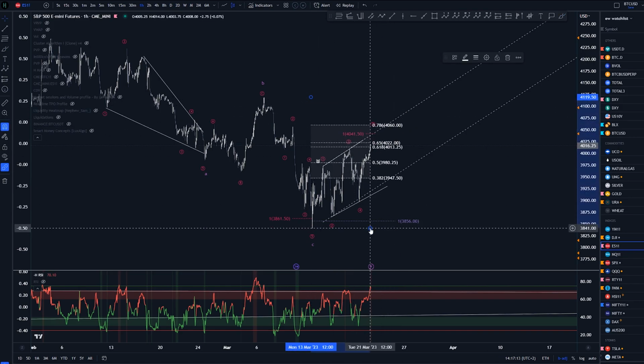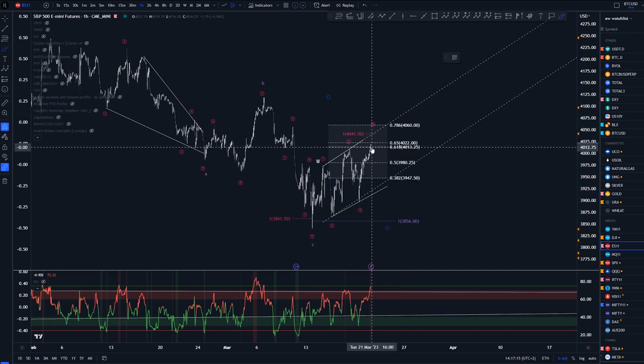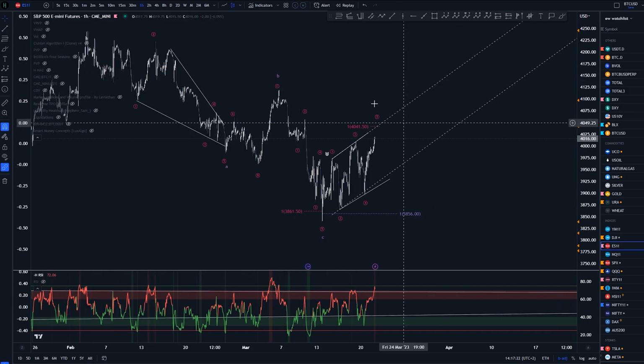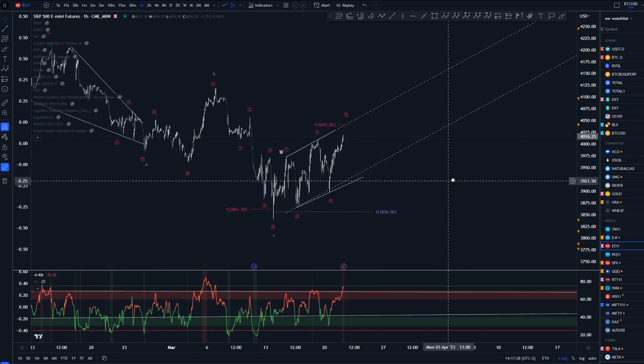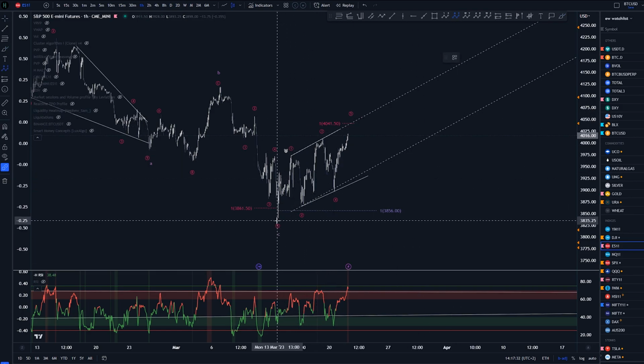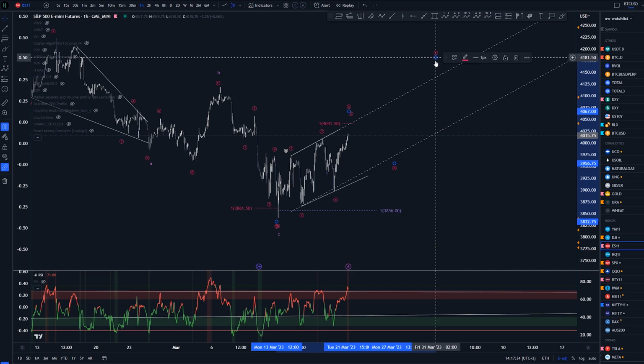Yeah, right now we are at the golden pocket right here around the 618. So again, the Nasdaq is so much more bullish than S&P 500. That has to be noted. Now, as we are looking at this chart, however, we would be looking at this as the wave A, B or C.